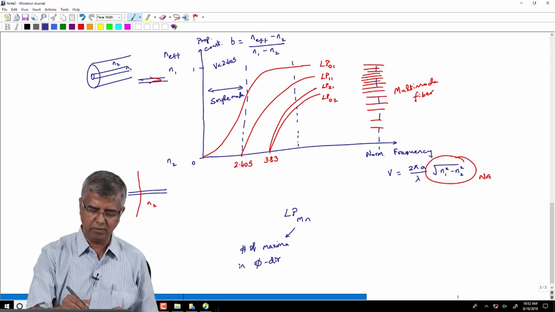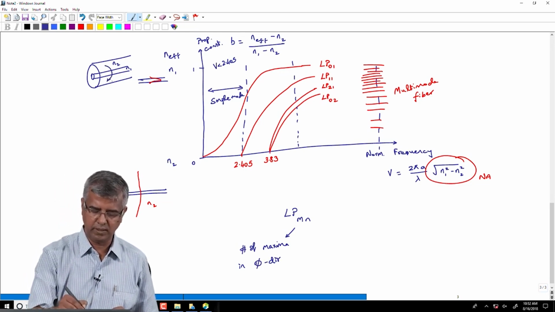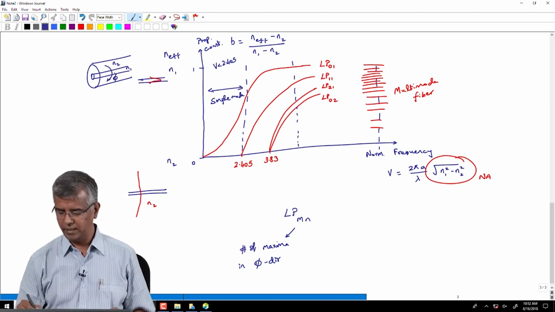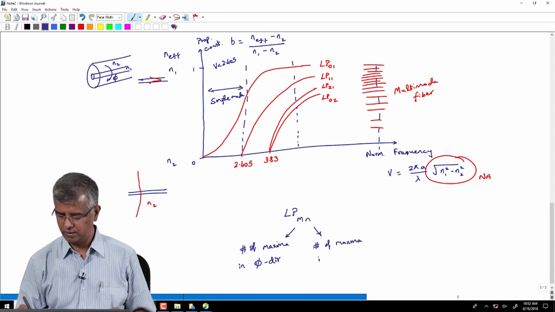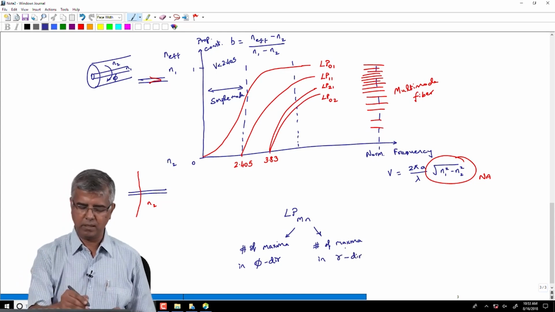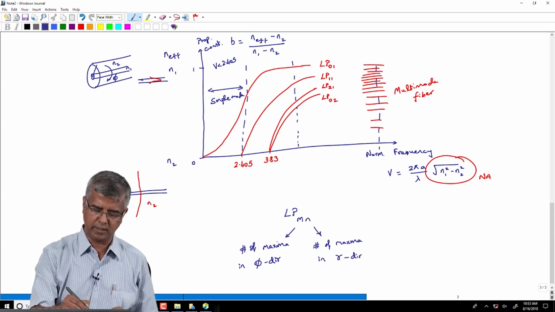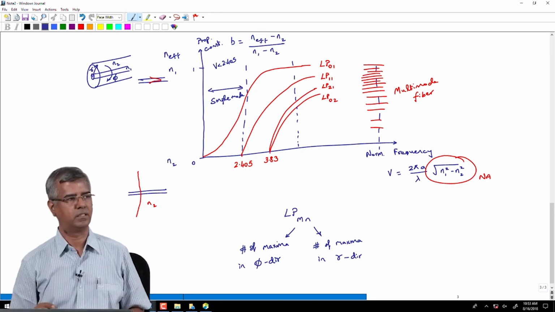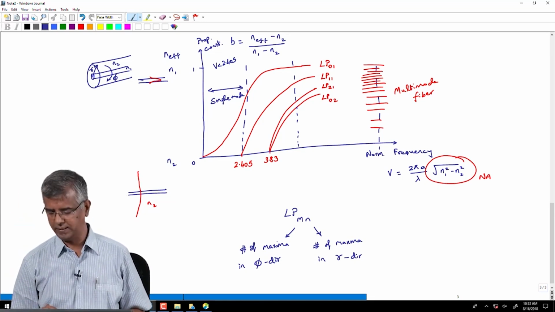What is phi here? Phi corresponds to the azimuthal direction, and N corresponds to the number of maxima in the R direction. R corresponds to that radial vector that's pointing radially outside.